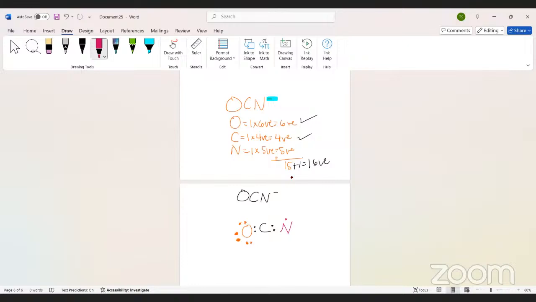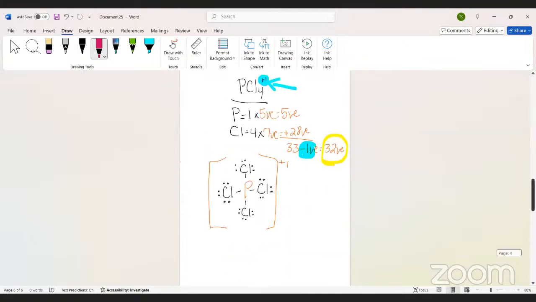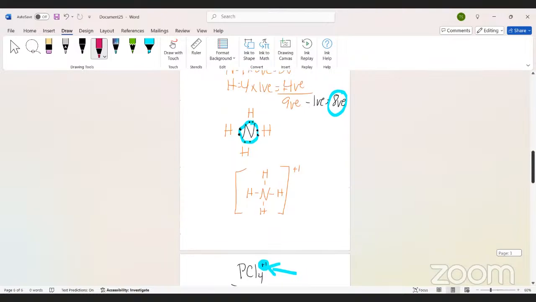So that's 2, 4, and 5. Now, here is the deal. Each of these elements, oxygen, carbon, and nitrogen, all 3 of them need 8. Let me refresh y'all's memory on why.